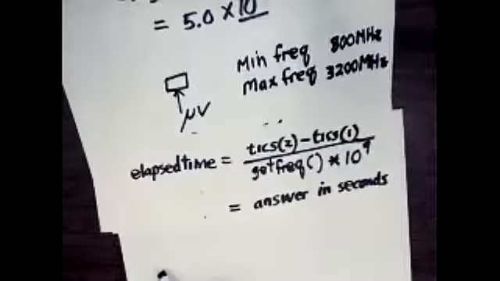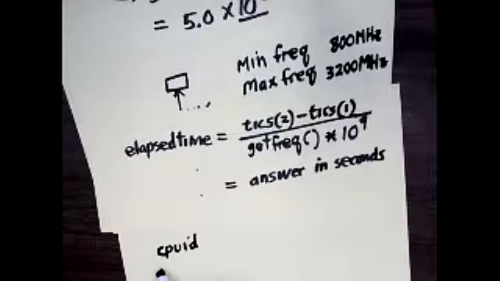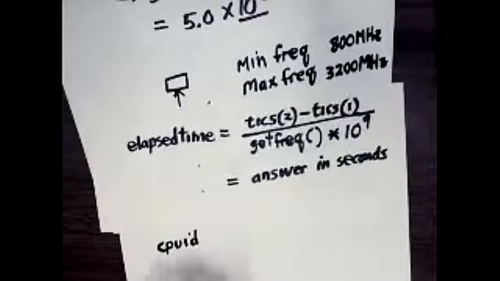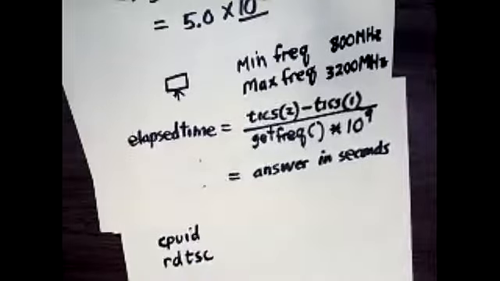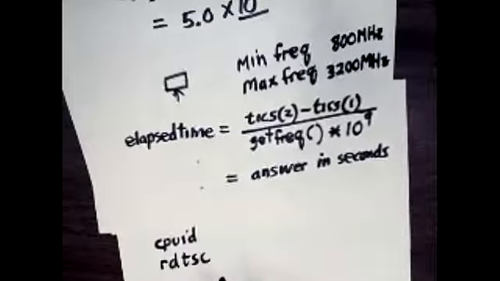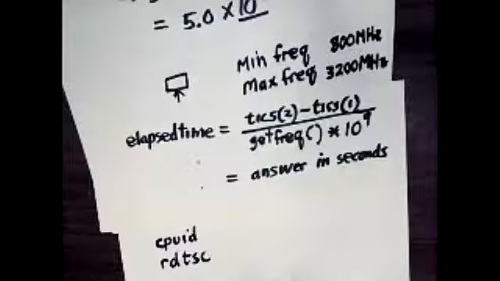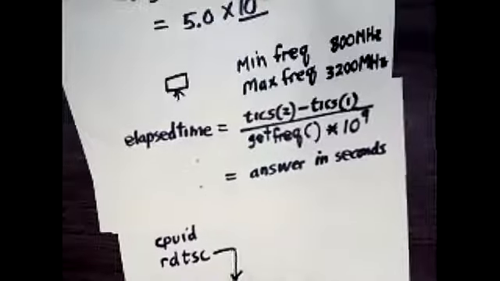Okay, so it's CPUID, and that's a preliminary instruction, followed by RDTSC, and that takes a copy of the counter from inside the clock and puts it in 2 registers, but they're split.